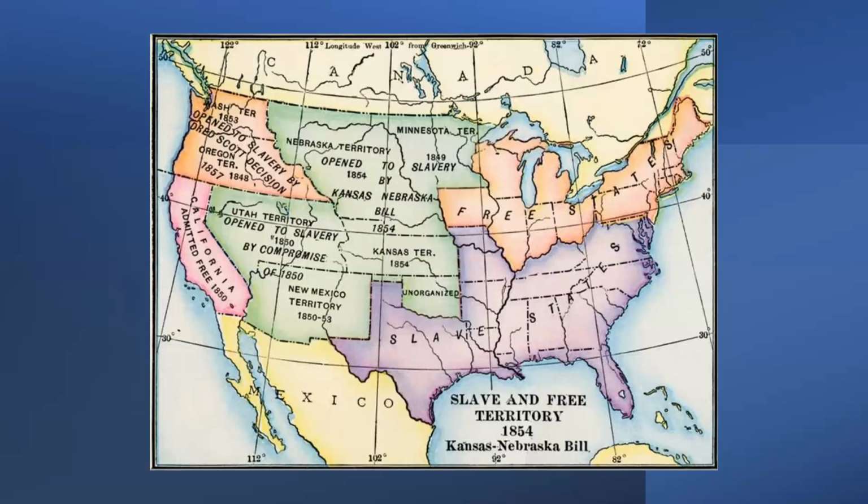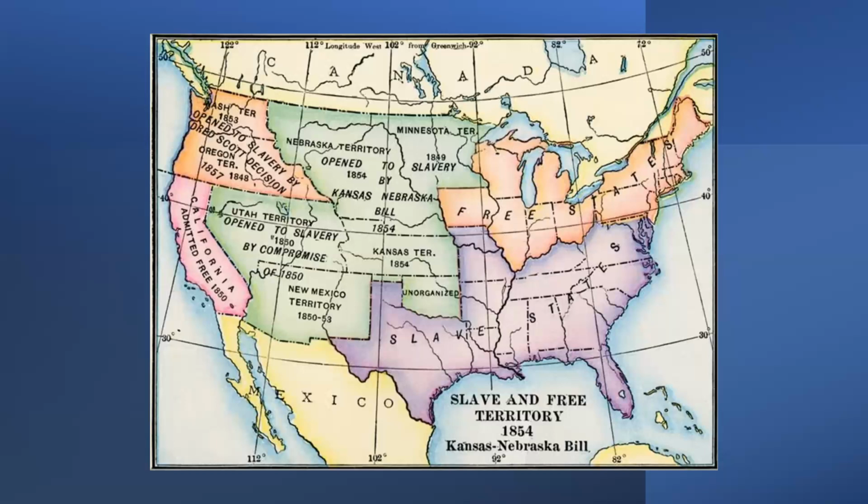Douglas agreed to back a bill invalidating the Missouri Compromise line. Now, Douglas was from the North, but he was also a Democrat. Following through with popular sovereignty, voters within each territory would decide whether slavery would be allowed or prohibited.